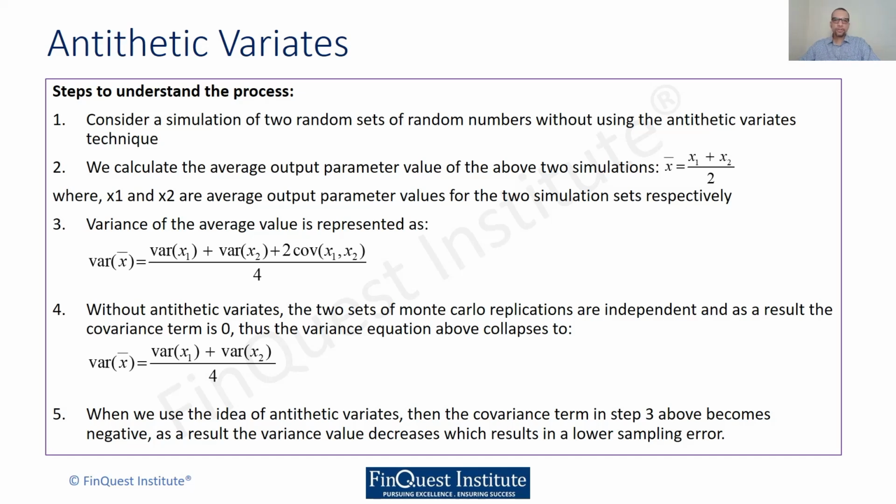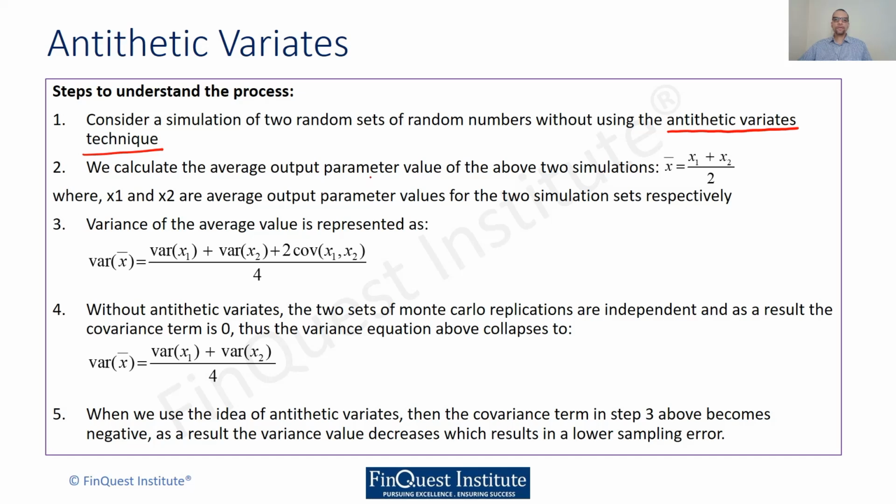We'll consider a simulation of two sets of random numbers. It could be anything, so let's not worry about what the underlying asset or quantity is. Let's take just two random sets of numbers, and we initially start without using antithetic variate techniques. So we do plain and simple simulation, just what we have discussed so far. We stick to that first.